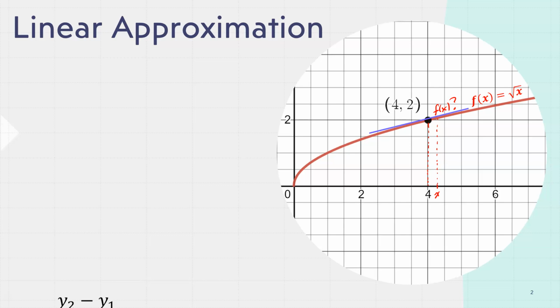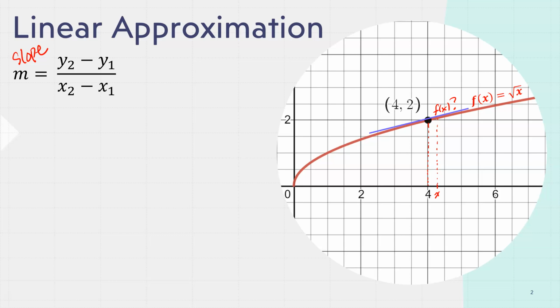Let's remind ourselves that the slope is the difference in y divided by the difference in x. The slope m of the tangent line is the derivative, as we've learned from Calc 1.